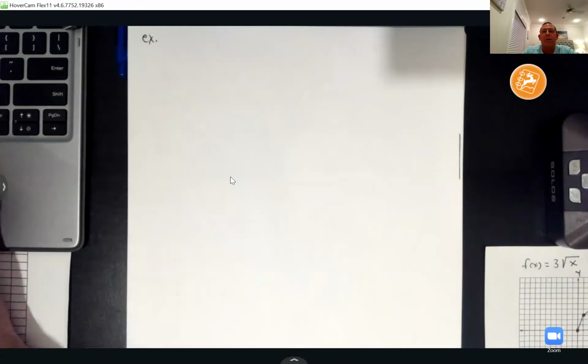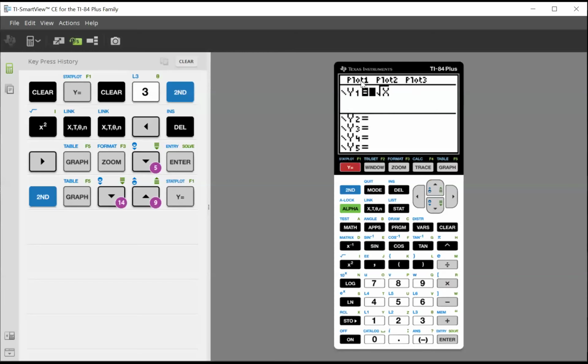Okay, so let me think here a second. So window range means... let me share my calculator. I'm going to go to my y equals. Are you showing plot 1, plot 2, or plot 3 highlighted on your calculator? Plot 1, 2, and 3. Are any of them dark?